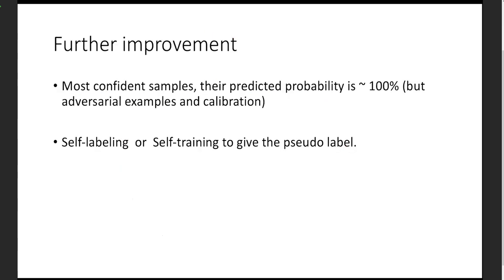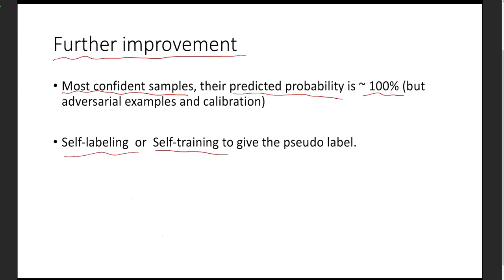I have talked about the first two stages, and now the further improvement from self-labeling, self-training. For the most confident samples, their predicted probability on some category can be very close to 100% confident.